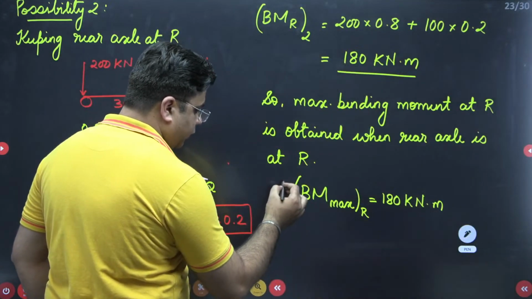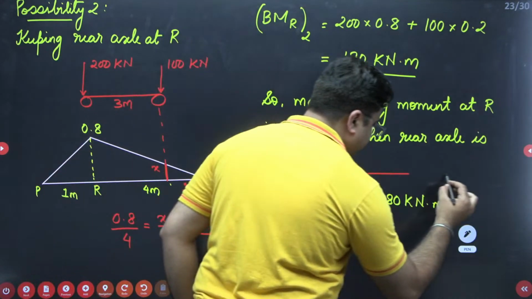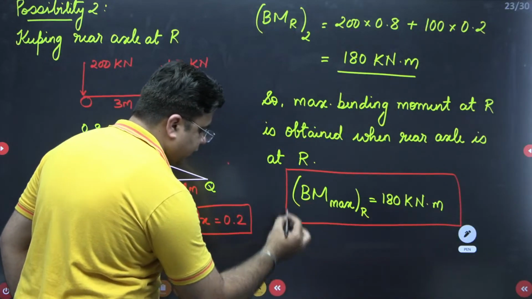This is the value of your maximum bending moment at R, which is 180 kilonewton meter, right?